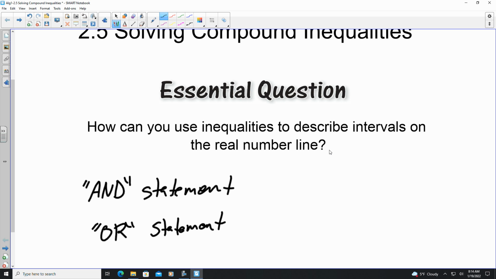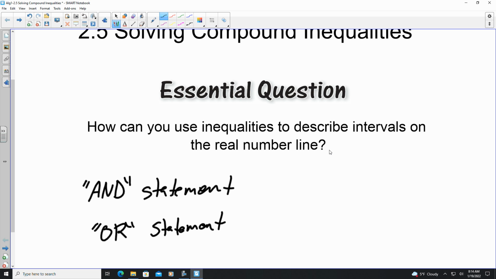Now, each type of inequality is going to give you two separate situations for a particular variable or a particular thing per se.